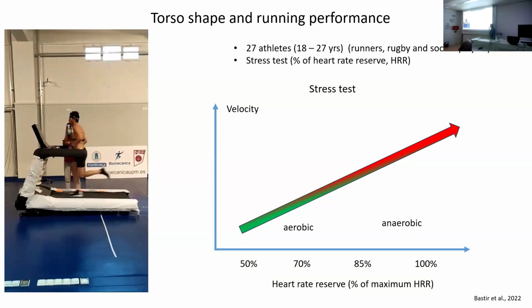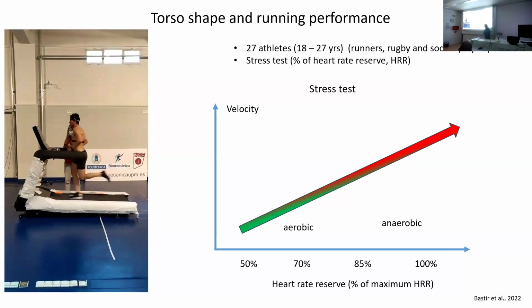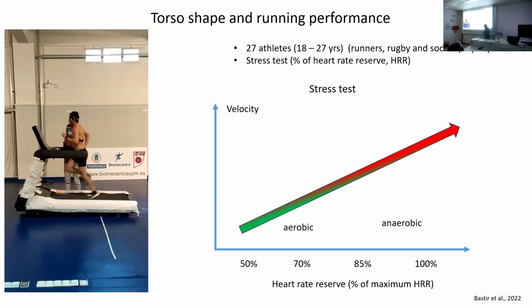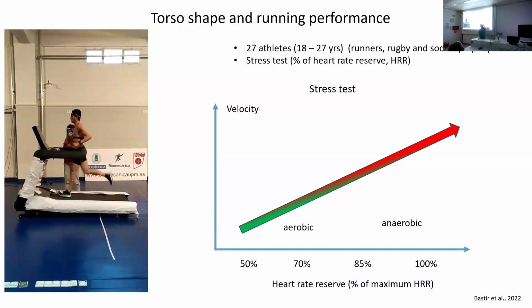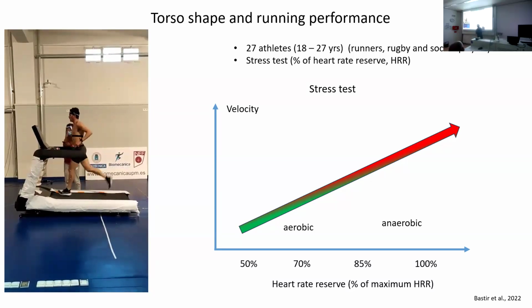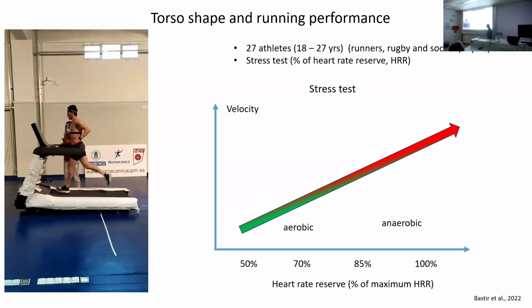And they were subjected to a stress test, which means that they were running on a treadmill, and we calculated the percentages of the heart rate reserve to determine 4 different categories of running intensities.